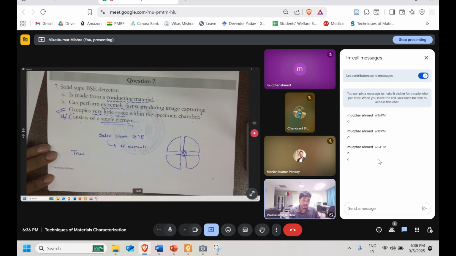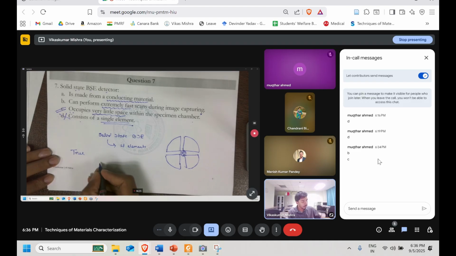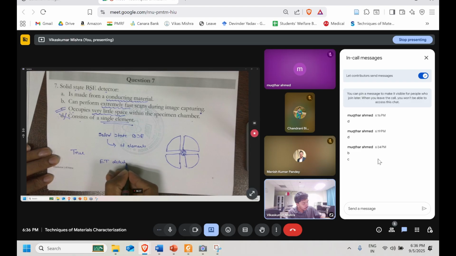Previously, we saw the ET detector. By the way, the ET detector is quite bulky. It's quite heavy, so it will occupy more space.